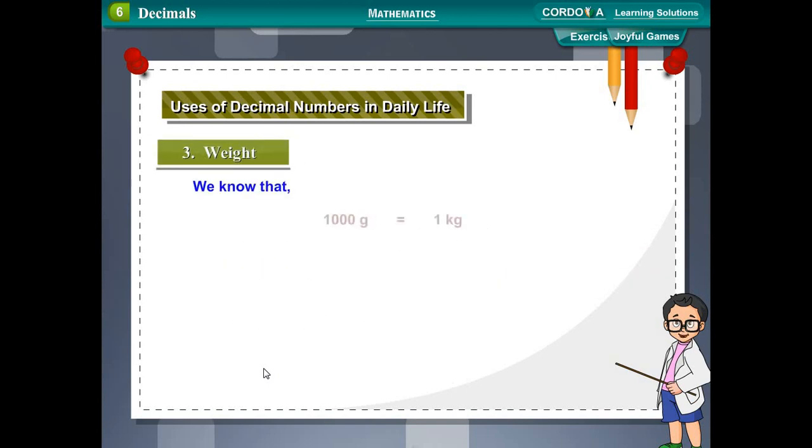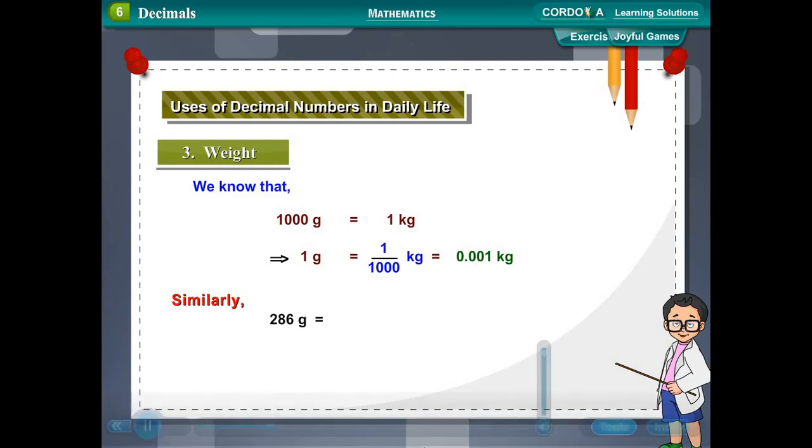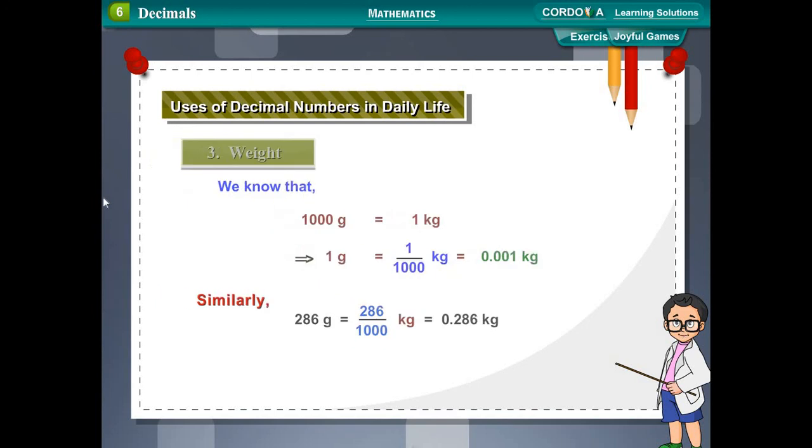We know that 1000 grams is equal to 1 kilogram. This implies 1 gram is equal to 1 upon 1000 kilograms, which is equal to 0.001 kilogram. Similarly, 286 grams is equal to 286 upon 1000 kilograms, which is equal to 0.286 kilograms.